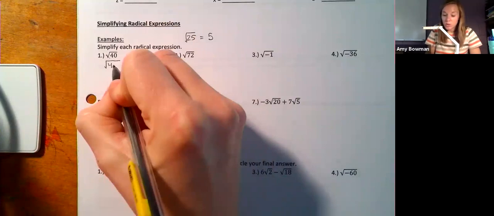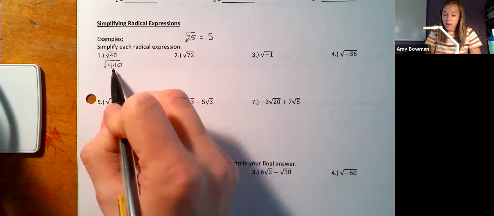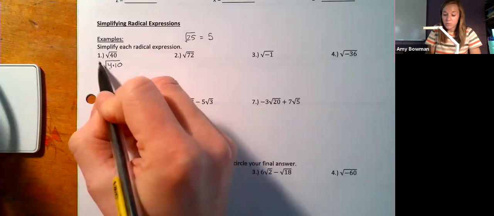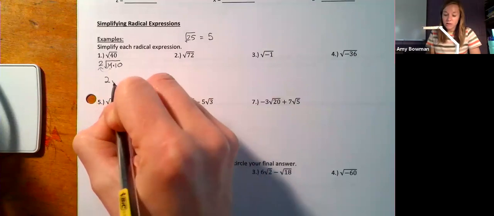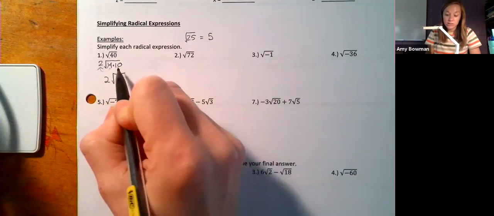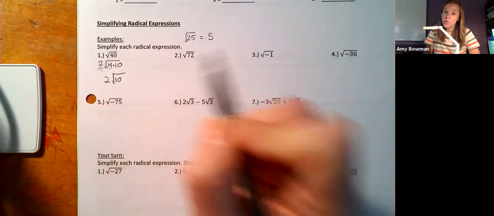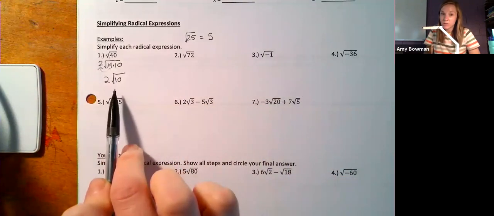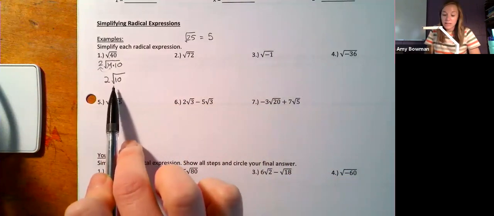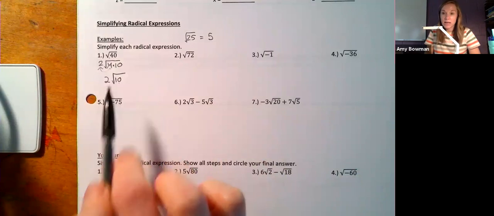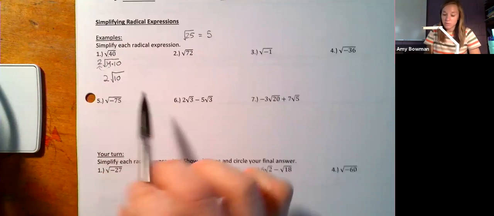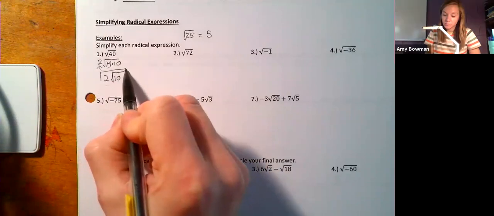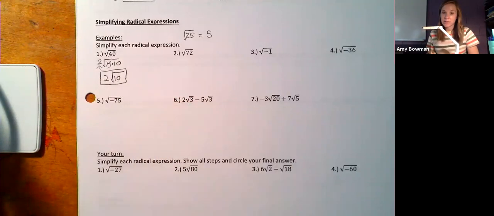So the square root of 4 is 2. So that 2 is going to come out of the square root and be out front. So this would be 2 times the square root of 10, which is still not a perfect square, nor is it divisible by any perfect squares. So we're going to leave it like that. I can't break down the square root of 10 anymore because it's only divisible by 2 and 5, neither of which are perfect squares. So let's look at another example, the square root of 72.